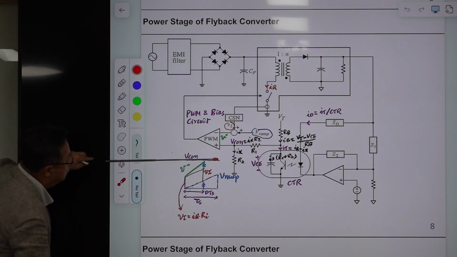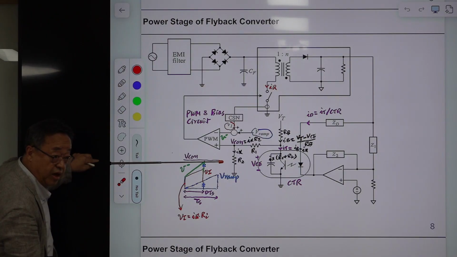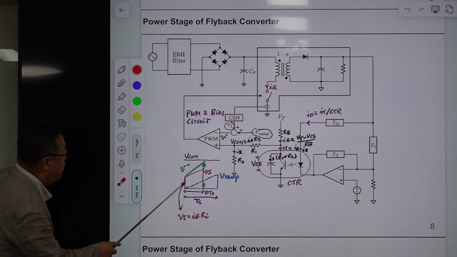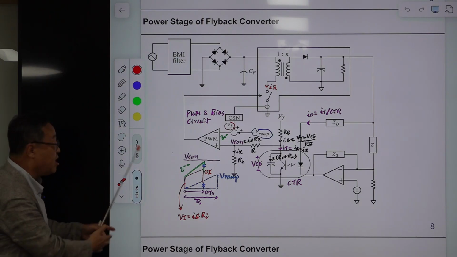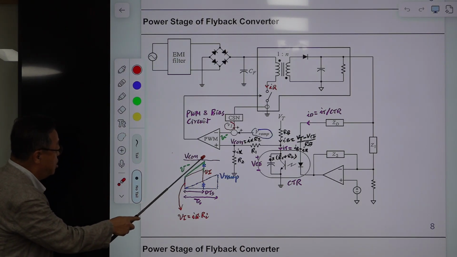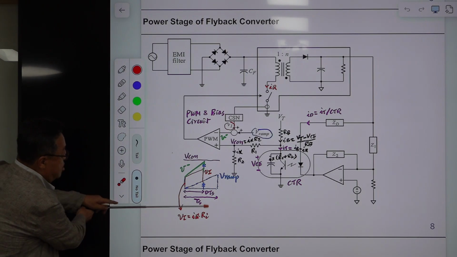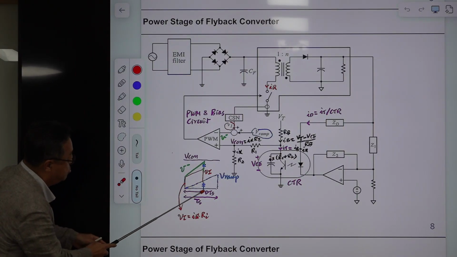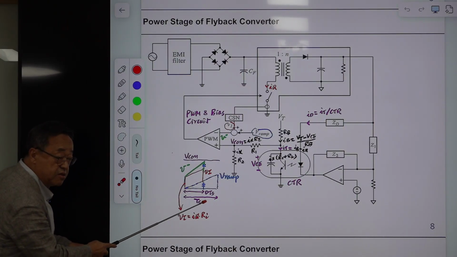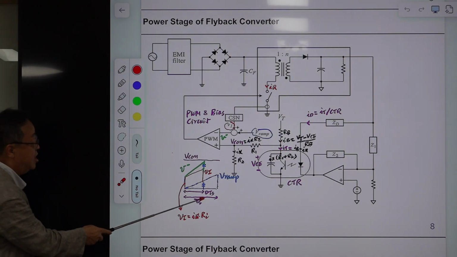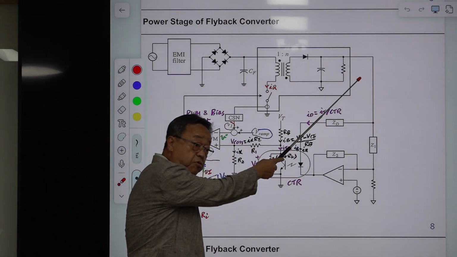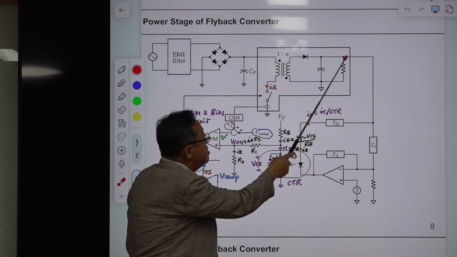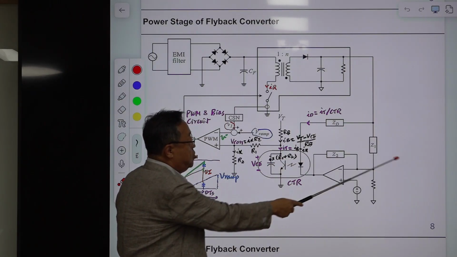When this and this intersect each other, the switch is turned off. This is the TS, and this period is DTS. So there is a required D to regulate our voltage at the desired value, and that is achieved by the feedback circuit.